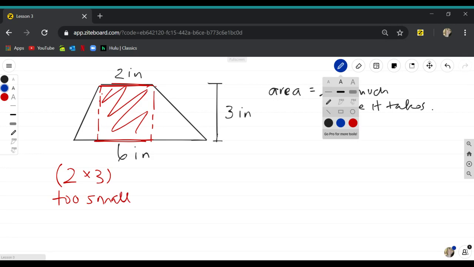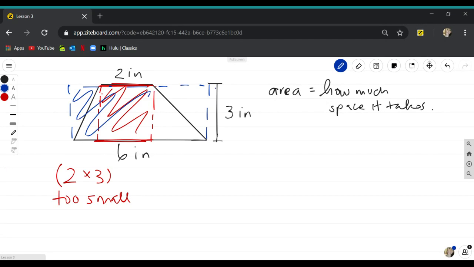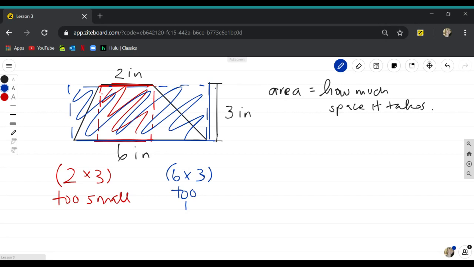If I do from here to here, which would be all of this, which is 6 times 3, that one's too big. So we want something in the middle.